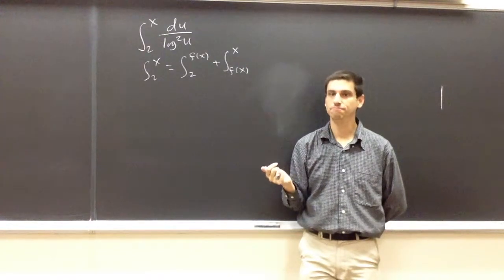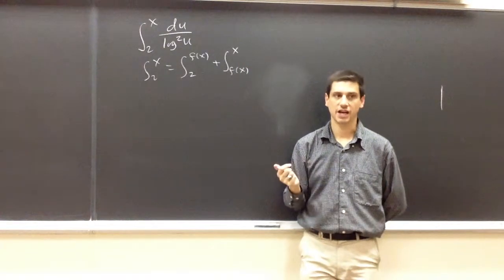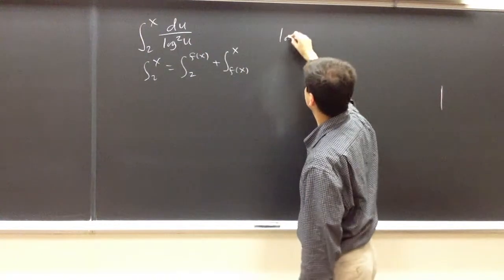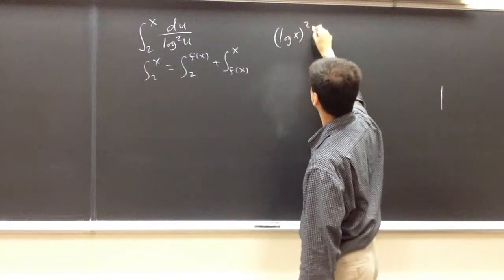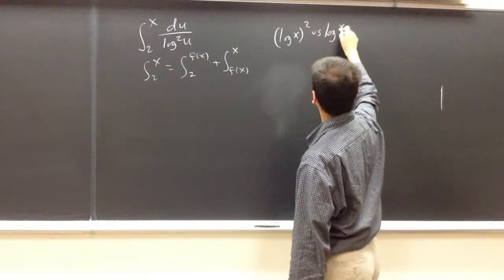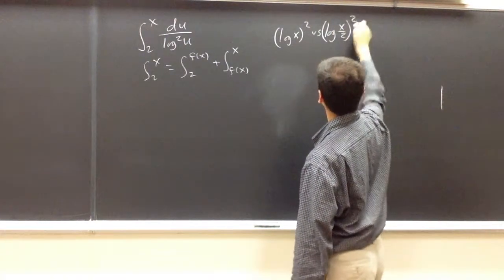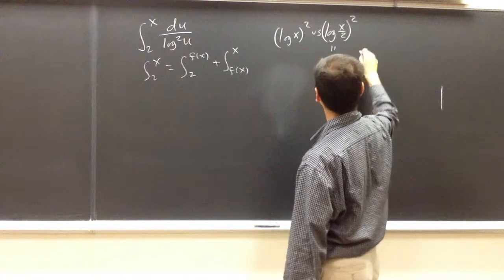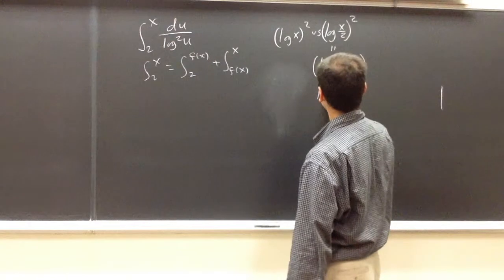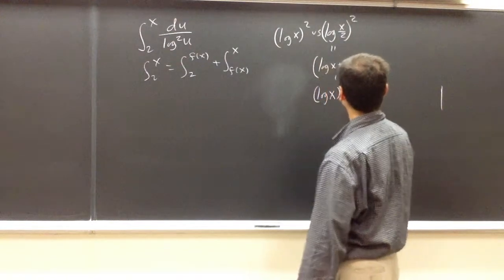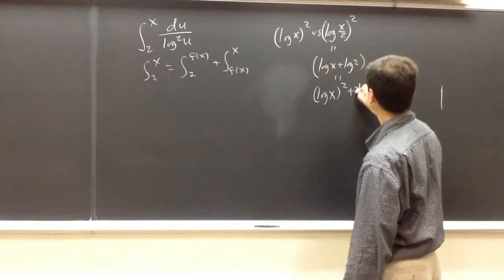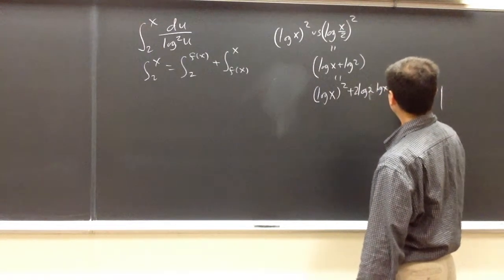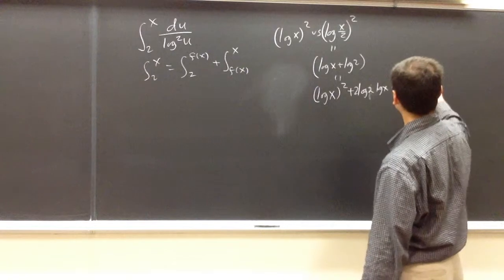So if you go from x halves to x, really order of magnitude, there's not much of a change. Look at the log of x squared versus the log of x halves squared. This is the log of x plus the log of 2, which is the log of x squared plus 2 log 2 log x plus log 2 squared.